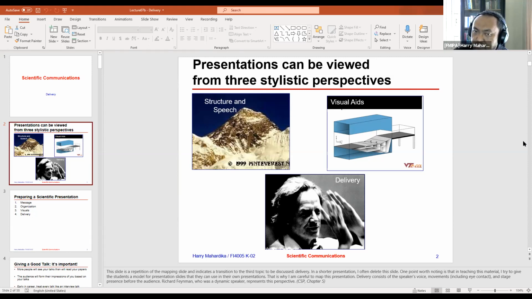A presentation is basically the union of a speech made by someone, a presentation of figures, charts, maps, etc., and the ability of a person to deliver the message so that the audience will understand the topic that the presenter is going to talk about.